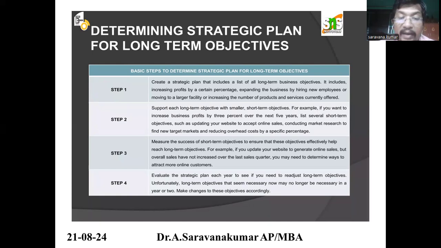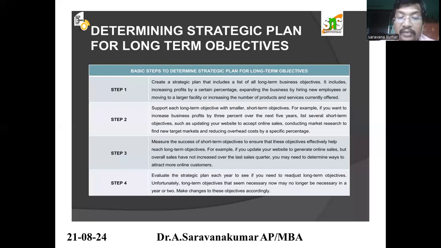Step 2, support each long-term objective with smaller short-term objectives. For example, if you want to increase business profit by 3% over the next 5 years, list several short-term objectives such as updating your website to accept online sales, conducting market research to find a new target market, and reducing overhead cost by a specific percentage.